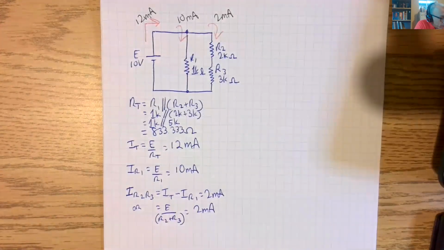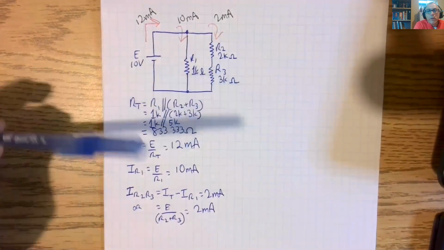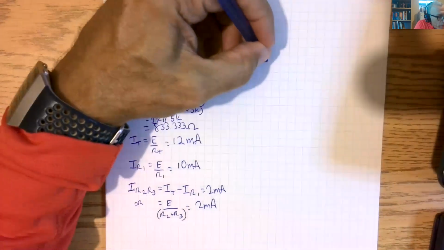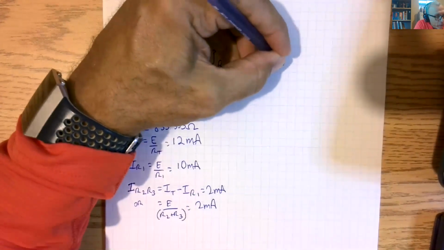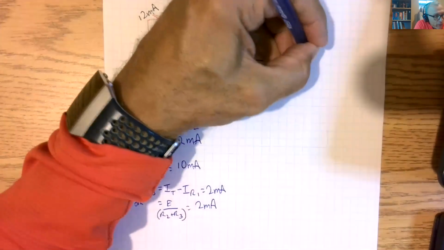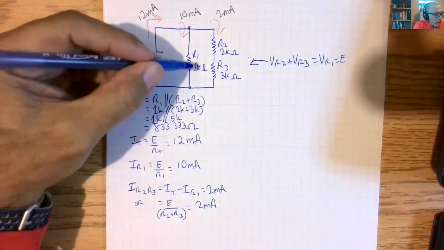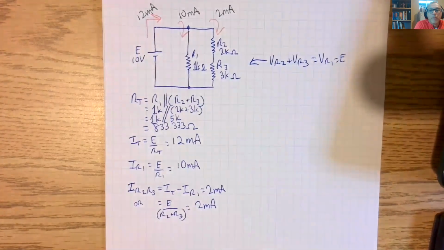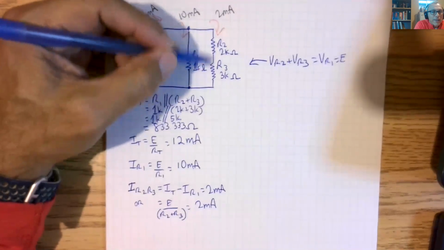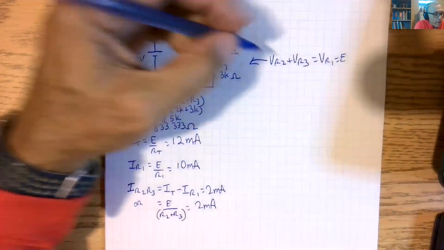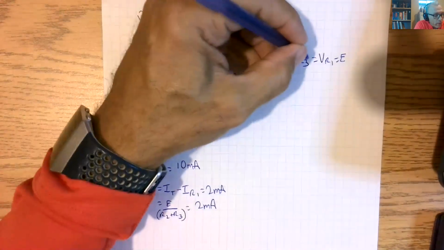It's a rule. Now, VR2, VR3. We know that VR2 plus VR3 is equal to VR1, also equal to E, because of this loop and because of that loop, and because R2 plus R3 are in parallel with R1.